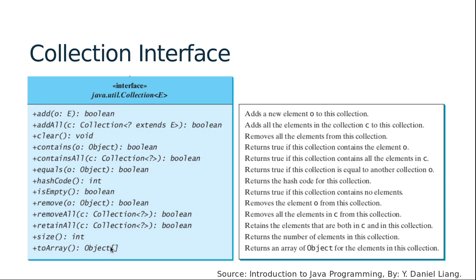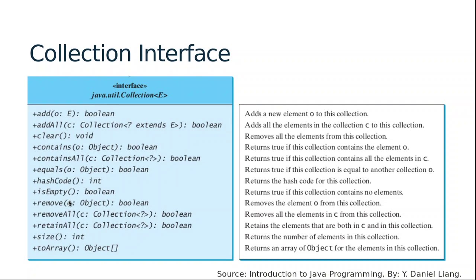The collection is an interface, so we cannot instantiate an interface directly. We need to go for a concrete class, and ArrayList is the best example because you have already gone through ArrayList earlier. So we will create an ArrayList object and use some of these methods to get an idea of how it is working.